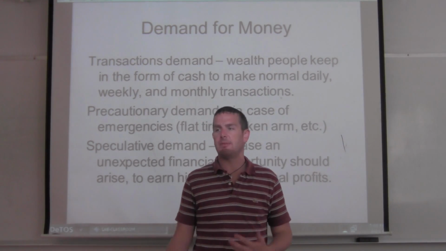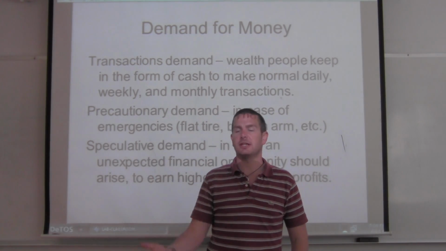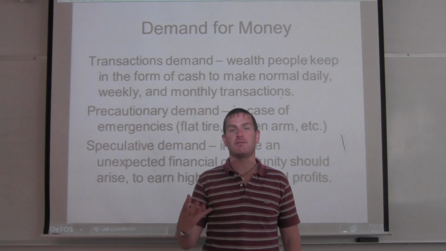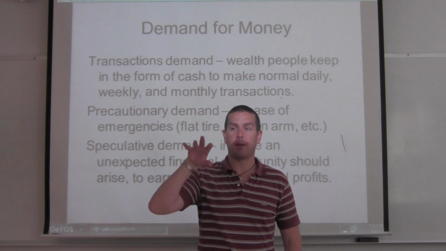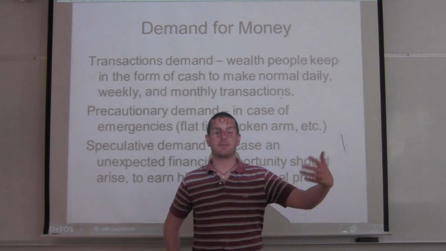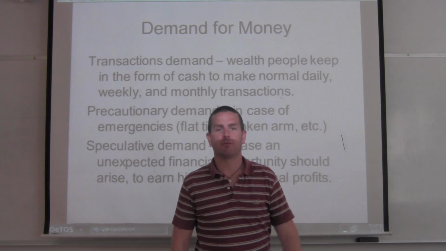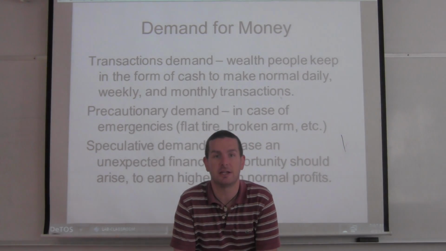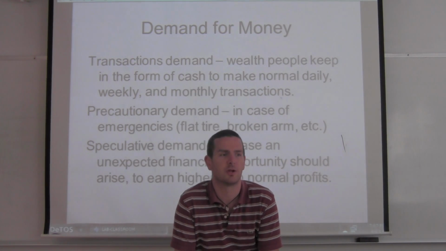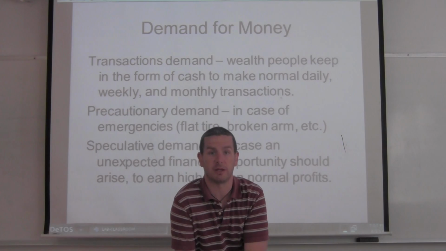Because they never know. Maybe a stock suddenly leaps in price. If they have money on hand to purchase that stock, they can get in on some of the gains. If you don't have any money on hand, you won't be able to purchase the bond or stock or whatever that potential opportunity would be.